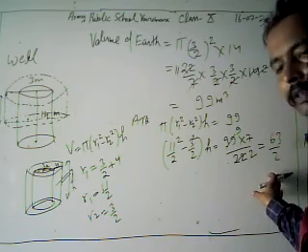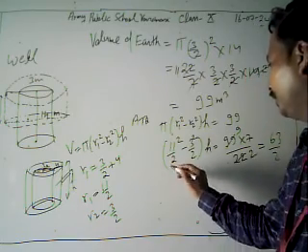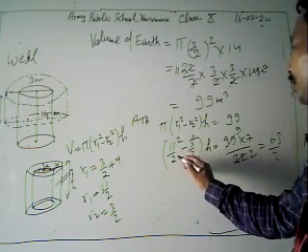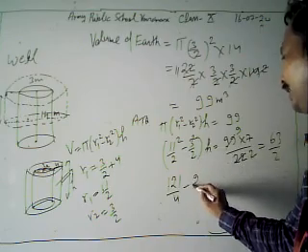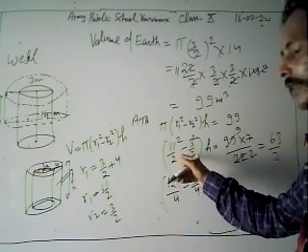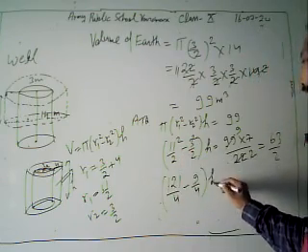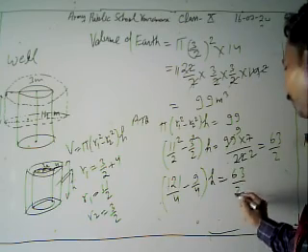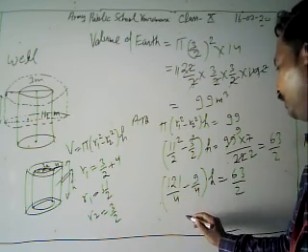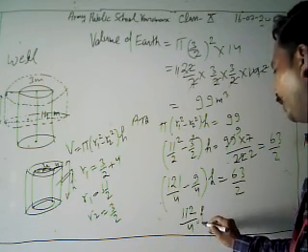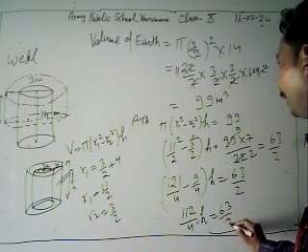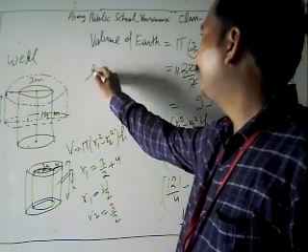Now on our right hand side we have 63 by 2. Then 121 by 4 minus 9 by 4, because it's 11 by 2 whole square, into h equals 63 by 2. Then 112 upon 4 into h equals 63 by 2. Now what is our h?